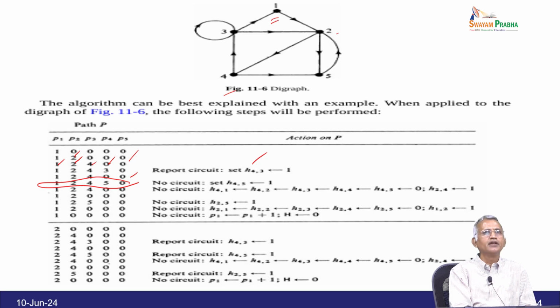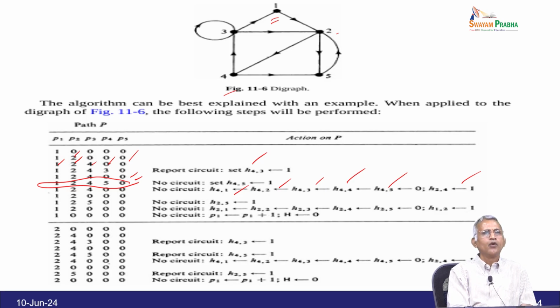Once again the circuit will come, right, but the execution is forming the same circuit, therefore 1 to 2, 2 to 4, 4 to 5. So, like that you have to go through all possibilities. Next, 1 2 4 0 0 will come, that is H41, H42, H43, H44, H45 and then stop. Next H24, H24 is 1, therefore like that. So, this is the way we have to go, where no circuits will come.